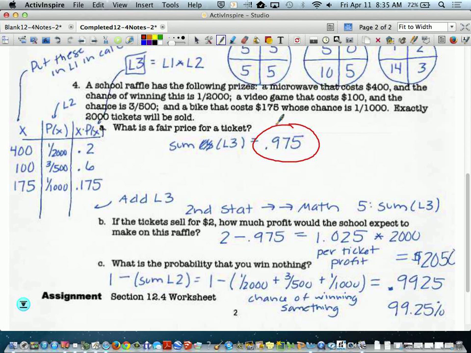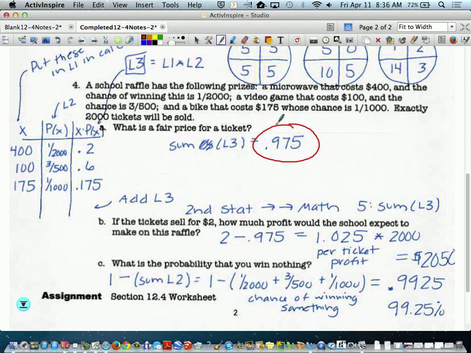It's also the fair price, they call it, right? So if you want to break even, you should sell all the tickets for 97 cents or 98 cents. Probably 98 cents would be better, so they're not losing the money.